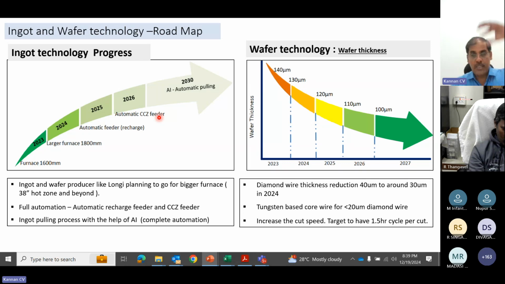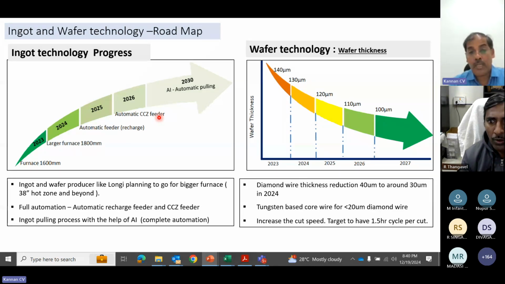You grow the crystal with a double crucible concept, where the melt is in the inner crucible and in the outer crucible you pour the polysilicon, very fine powder or small pieces, so that it melts and maintains the level. You can continuously pour the polysilicon material, minimize the downtime, and produce more crystals, and the concentration of impurities will also be relatively less.